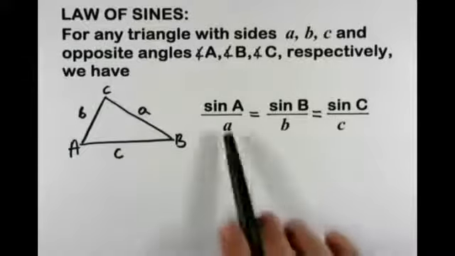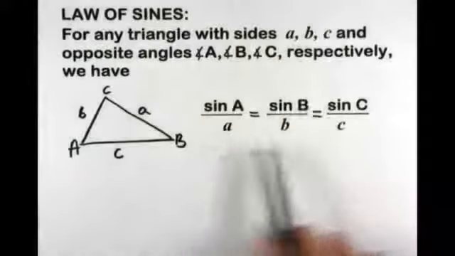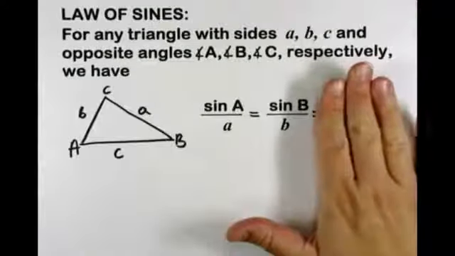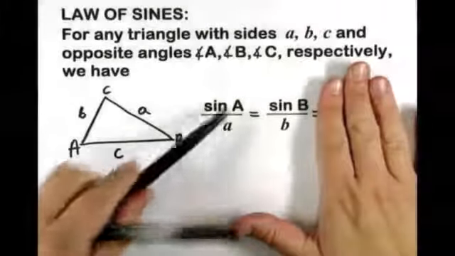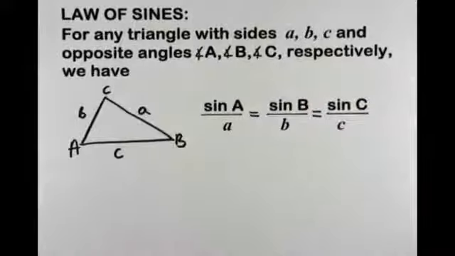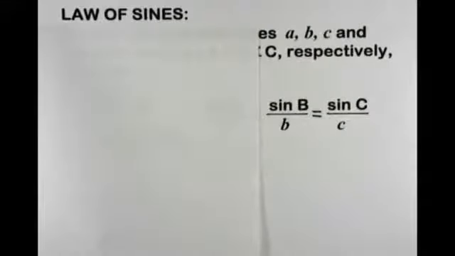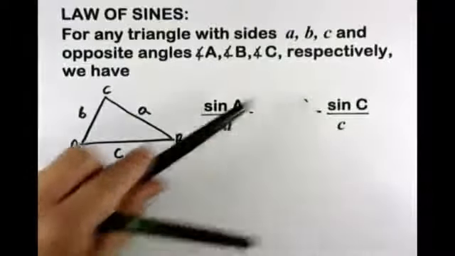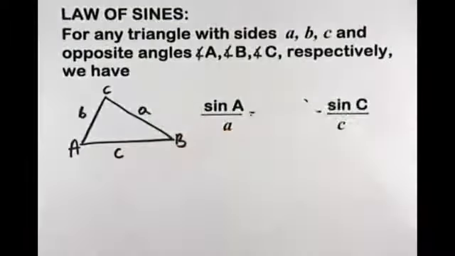In other words, we can choose any ratio that we need, and this would be true. We can choose only the first part, sine A over a is equal to sine B over b, or we can choose the second part, sine B over b is equal to sine C over c, or we can choose those two, sine A over a is equal to sine C over c.